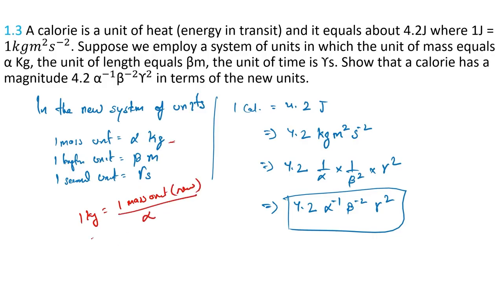So substituting this value over here, and similarly for length and seconds, we have substituted all these values and we got 4.2 alpha raised to the power of -1, beta raised to the power of -2 and gamma raised to the power of 2. So this is the magnitude in the new system of units for a calorie.